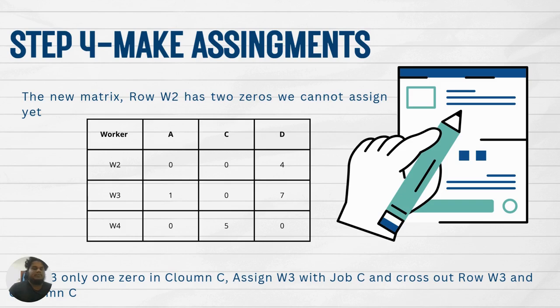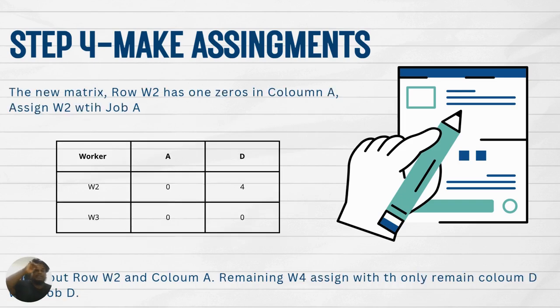Once it becomes a 3 by 3 matrix, we repeat the same process, which is to assign the task with the least number of zeros. Row W2 has two zeros, so we cannot assign yet. Row W3 has only one 0, in column C. So assign worker 3 with job C and cross out row 3 and column C. After crossing that out, we have a 2 by 2 matrix, which is much easier to work with.